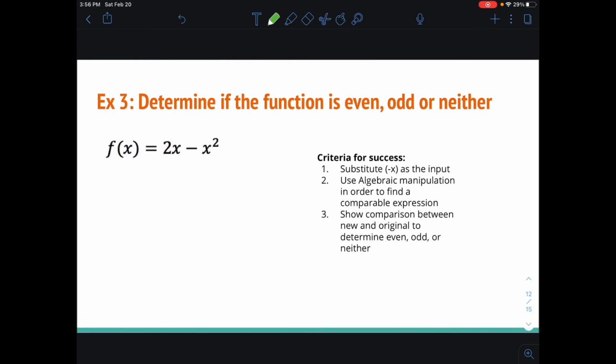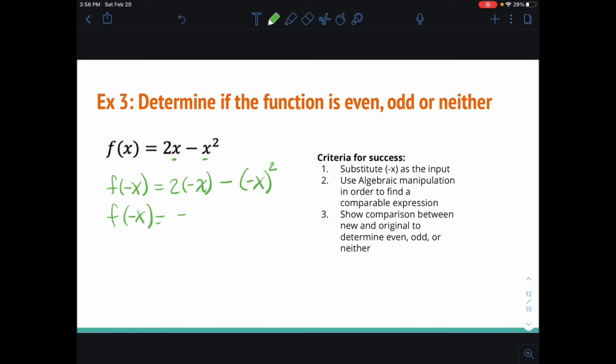Okay, let's go ahead and try this one. I'm going to have you try this one on your own, and then let me know even, odd, or neither. Okay, so I'm going to go ahead and do this one as well, and you can check your work. We are plugging in that negative x to both spots where the input is, in this case.